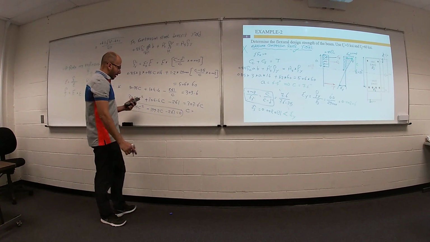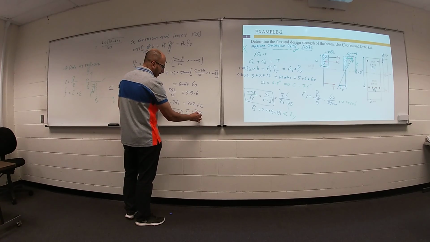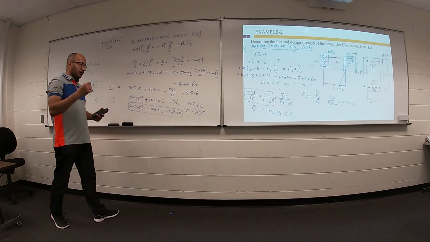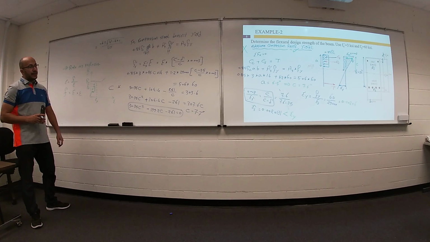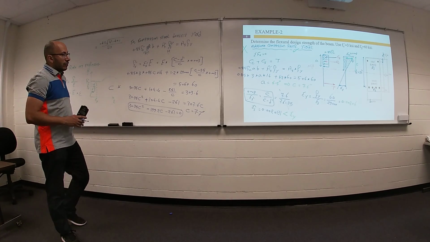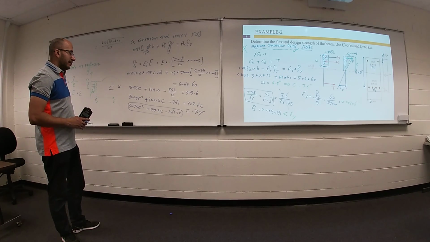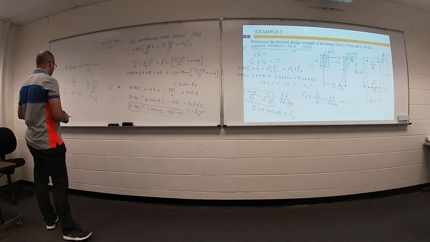Your c equals 7.7 inch. We have another value, which will be rejected because it is negative. So we have 7.7 inch.